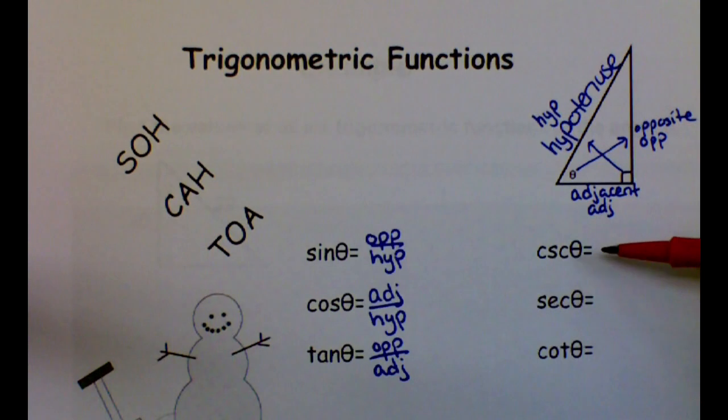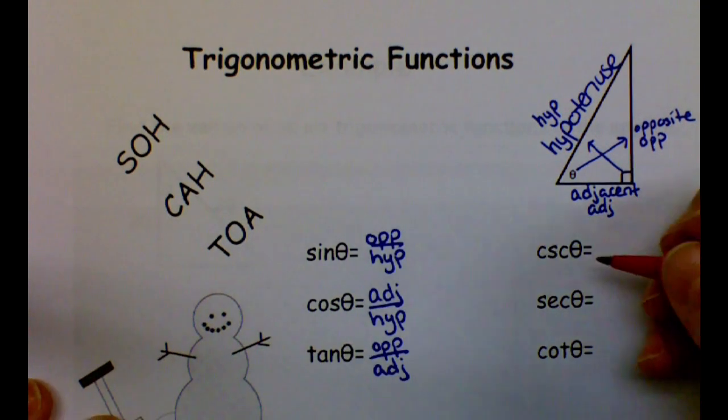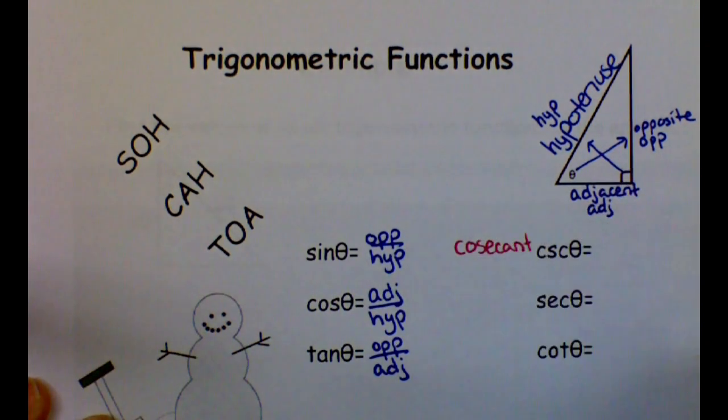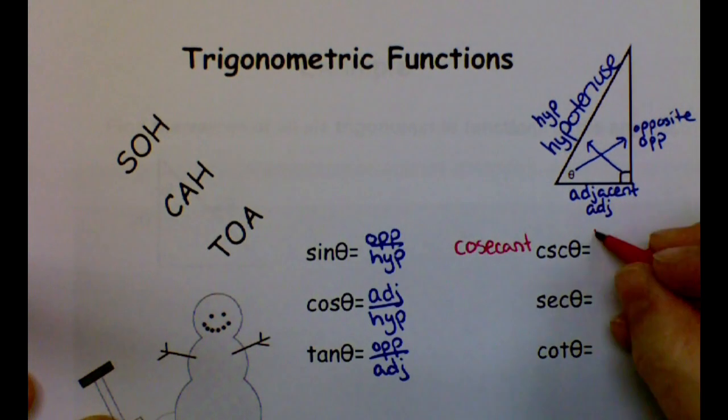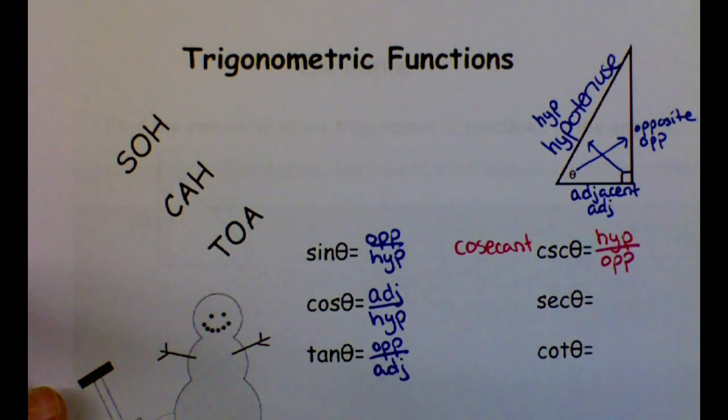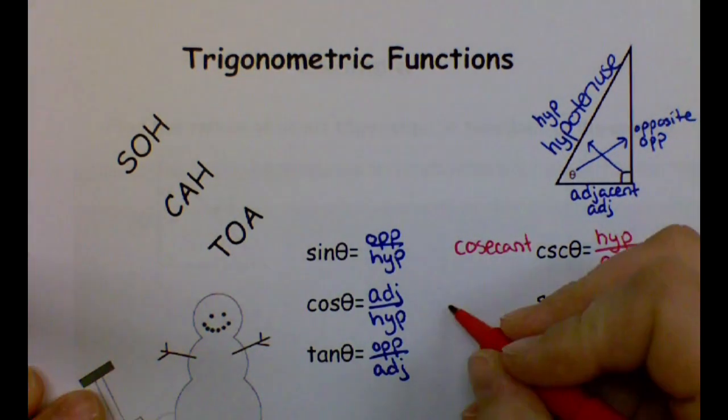Sine is next to CSC. CSC is cosecant. And they are related because cosecant is just the reciprocal of sine, which is hypotenuse over opposite. SEC lines up with cosine, that is the secant.